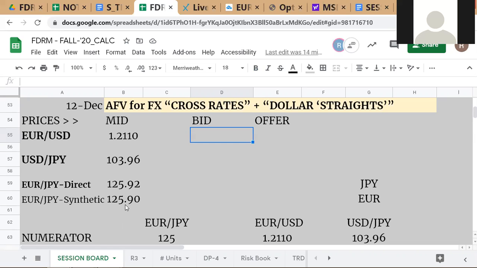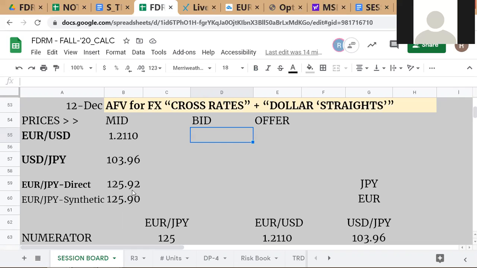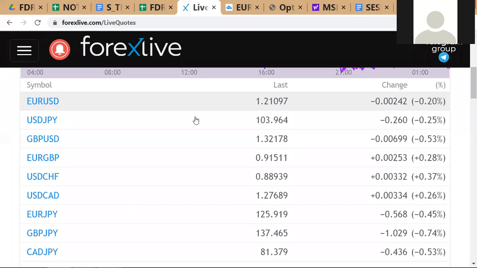That may be due to some kind of disruption, or you may think that there is an opportunity here because we see a difference of 2 pips, but it may be because this price is a little more recent than this price, and this price is even older than these 2 prices. So you have to be sure that these are all current prices at the same moment of time, and you can actually lock in the whole transaction.